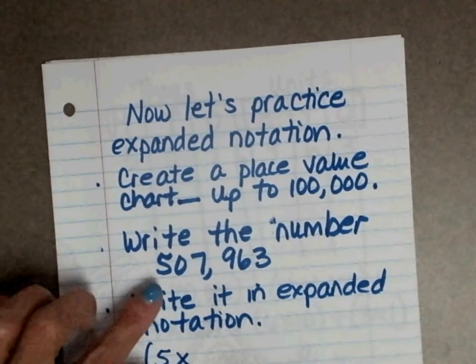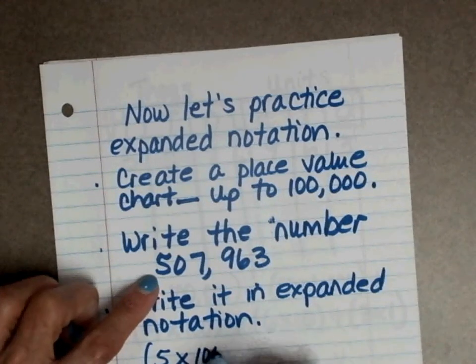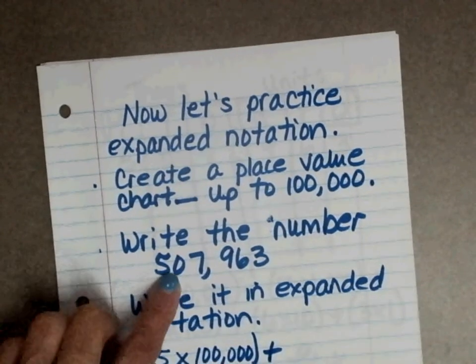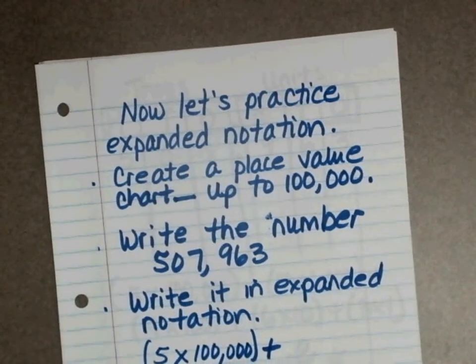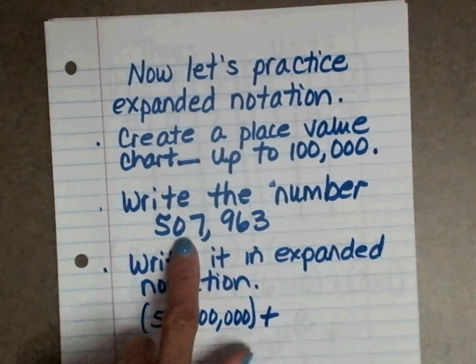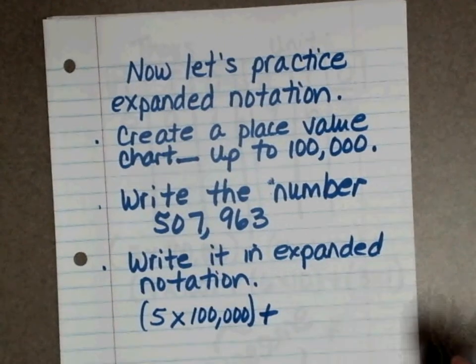We're going to start with 5 times what place value position is the 5 in? The 100,000s place. Okay, continue. Now when you have a 0, boys and girls, we do not have to write 0 times 10,000. Okay, I just want you to know you do not have to include this number in your sum.